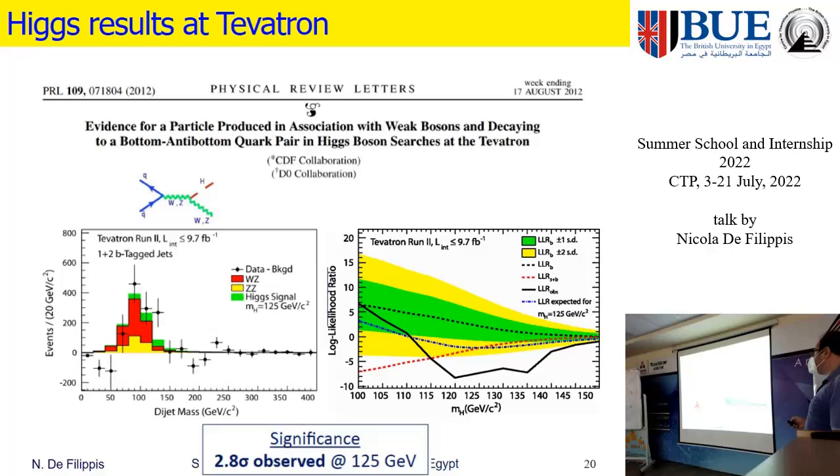And again, a lot of searches there, and the day before the announcement of the Higgs discovery at the LHC, the Tevatron announced an excess of about 3 sigma at around 125 GeV.